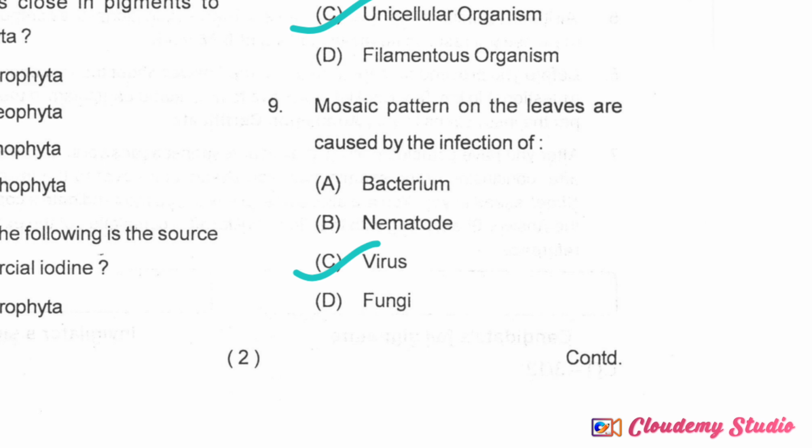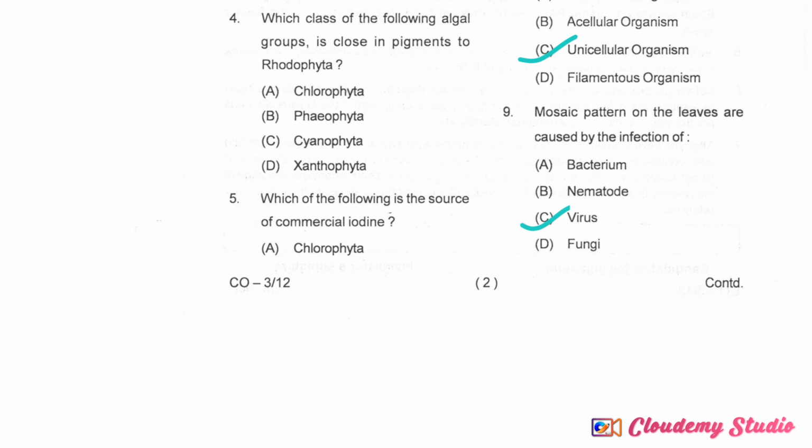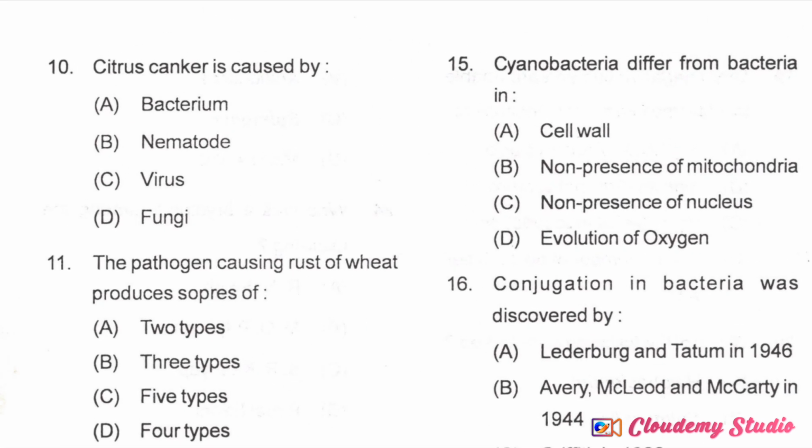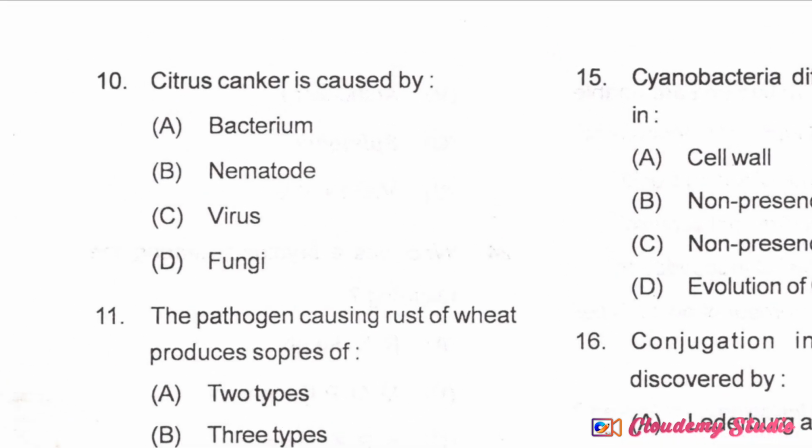Coming to question number 10, again a plant disease related question. Citrus canker is caused by a bacterium known as Xanthomonas citri.